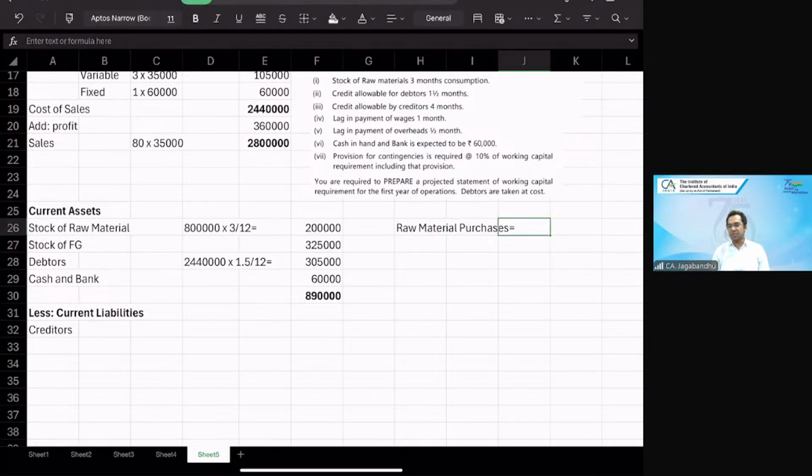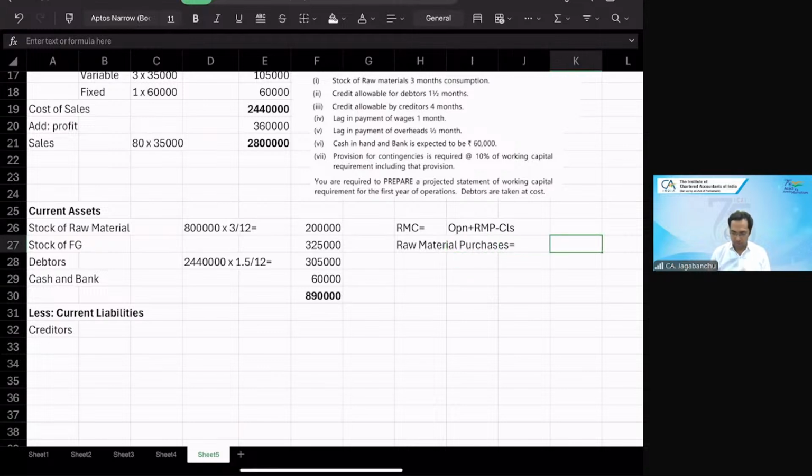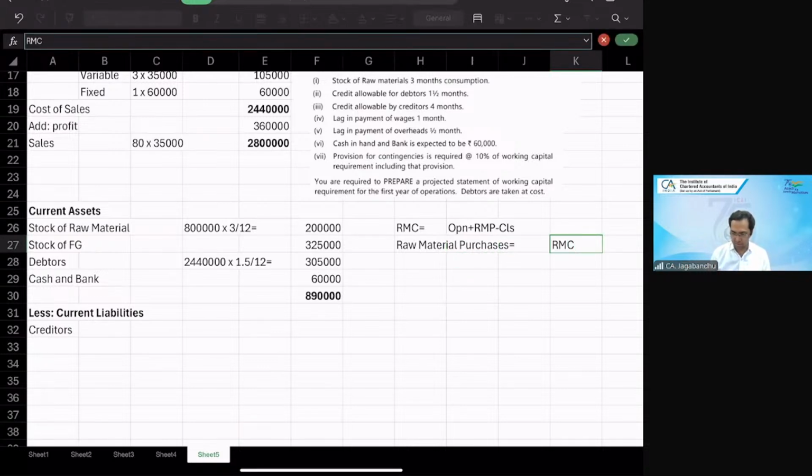How do we get the raw material purchases from the consumption and the opening and closing stock? We know raw material consumption is opening plus raw material purchases minus closing. So raw material purchases will be raw material consumption minus opening plus closing.